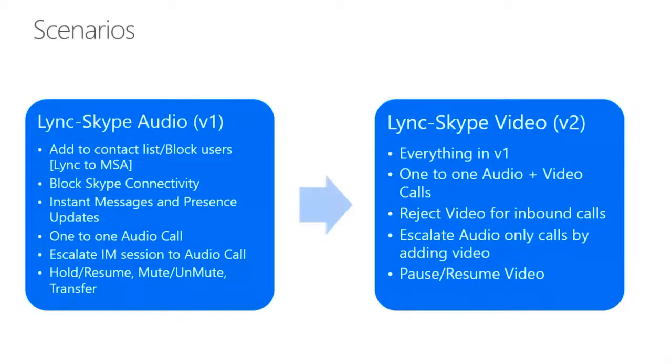The presence, IM, contact discovery, relationship, that's exactly the same technology that's in the field today. And with the video, you'll be able to reject the video modality. If someone's trying to call you with video, you don't have to answer with it. You can answer on audio only and not send video, but receive video. And during the call, you'll be able to start video and stop it again, so pause and resume. And then obviously everything else that's supported in phase one today.